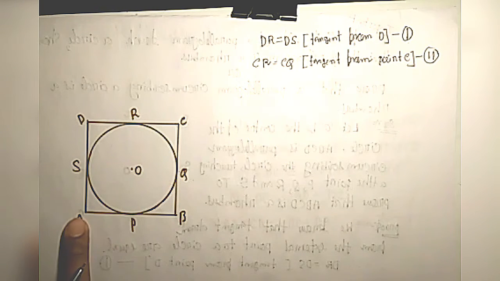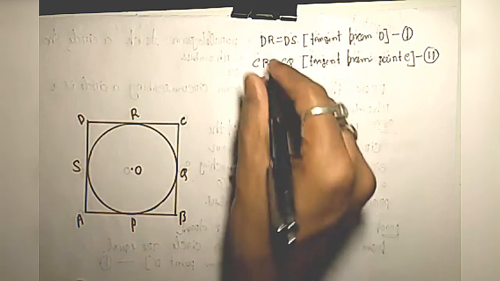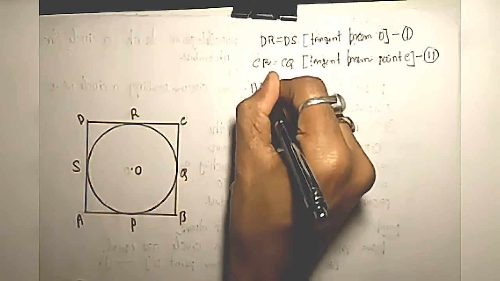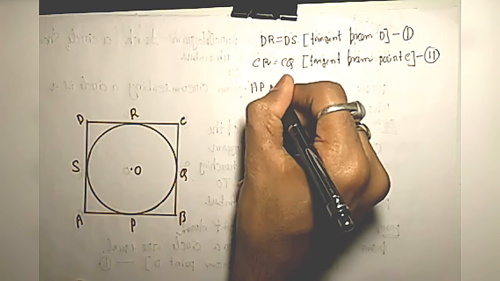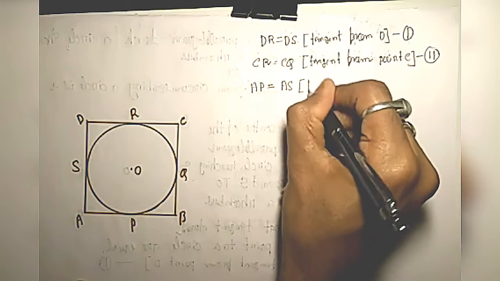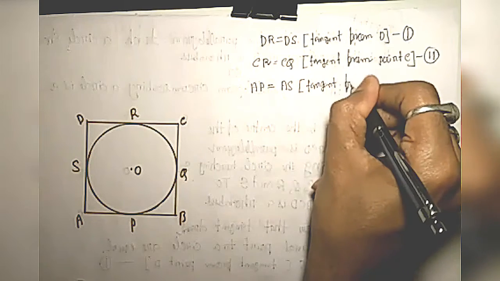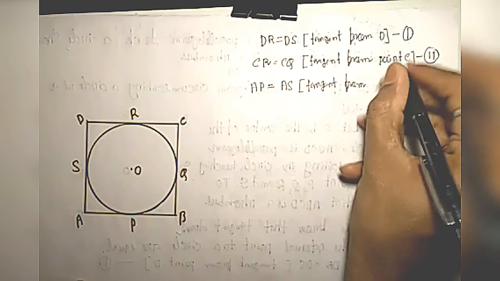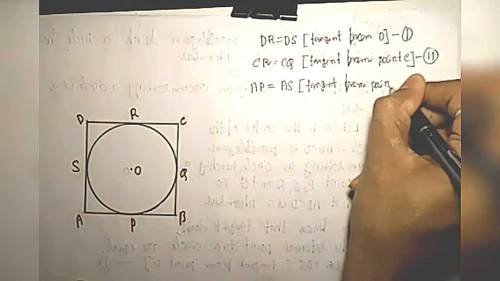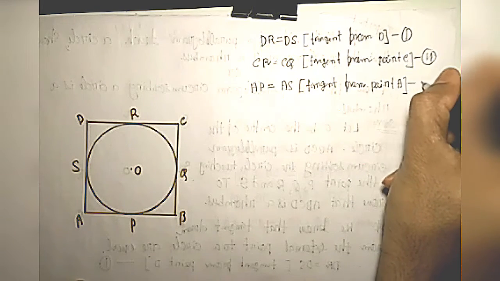In exactly the same way, from the point A, AP and AS are the two tangents, so AP equals AS, tangents drawn from the point A. Call it equation 4.